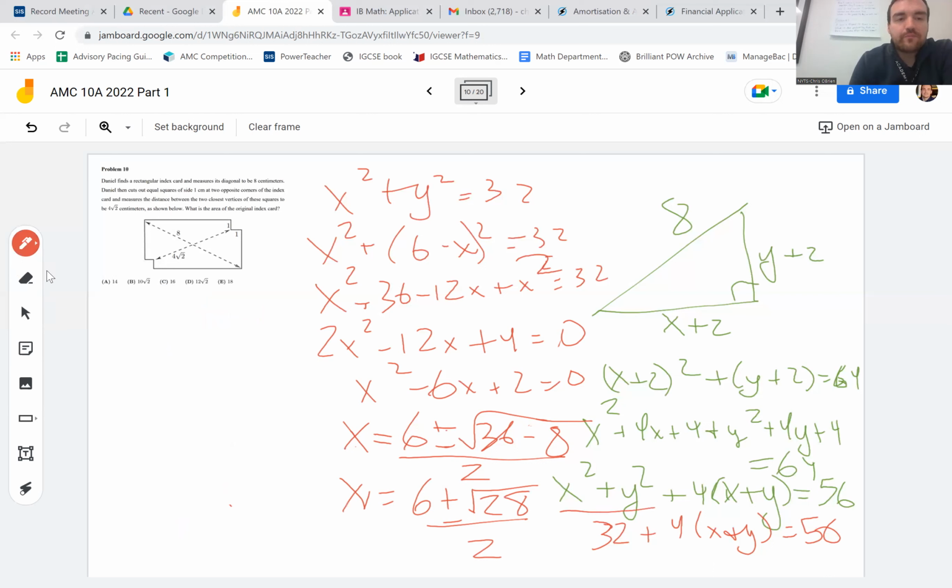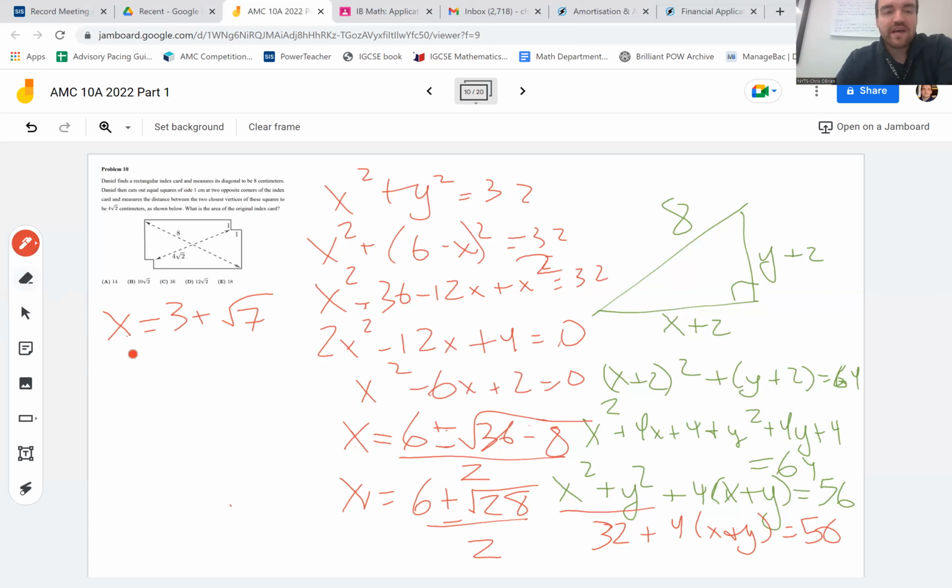Root 28 can be written as 2 root 7, so I can divide everything by 2 and have X equals 3 plus or minus root 7. I know it has to be 3 plus root 7, because 3 minus root 7 is less than 2, so when I subtract the little 1 centimeter squares, I would end up with a negative length, which is not possible. Therefore X is 3 plus root 7.